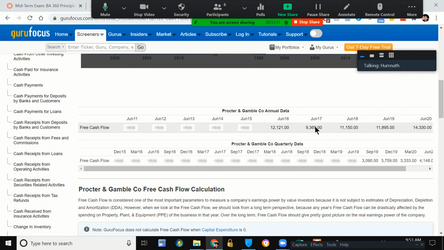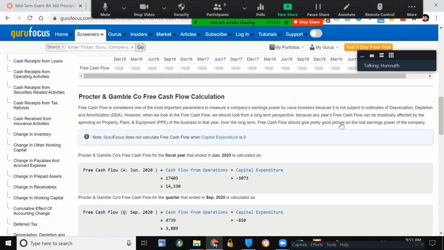So I'm going to go down and I can see the free cash flow is 14,330. Okay, that's the free cash flow in millions. So what I can do is go down and see how they did that. They are using a simple formula. It's cash flow from operation.